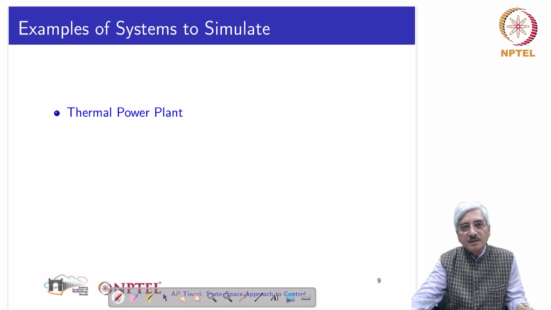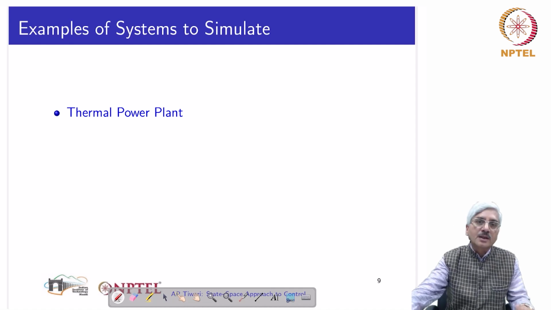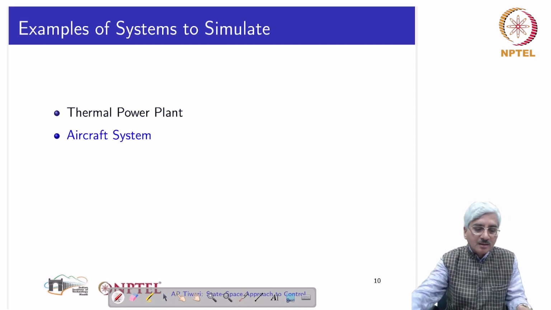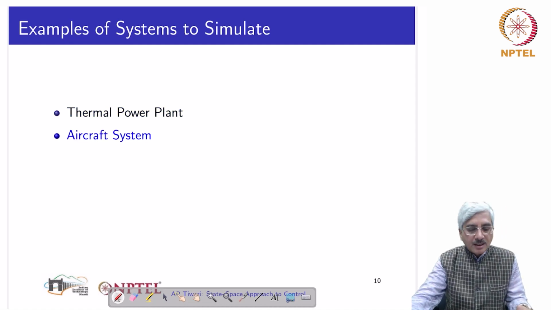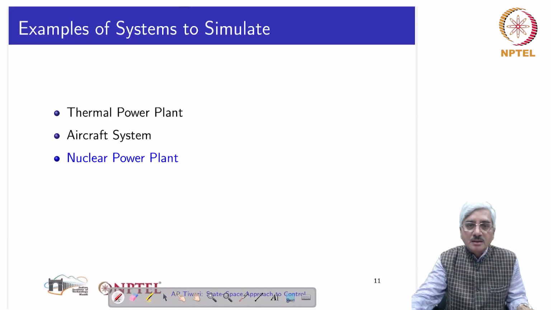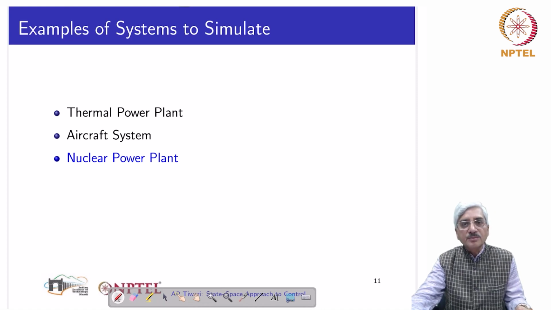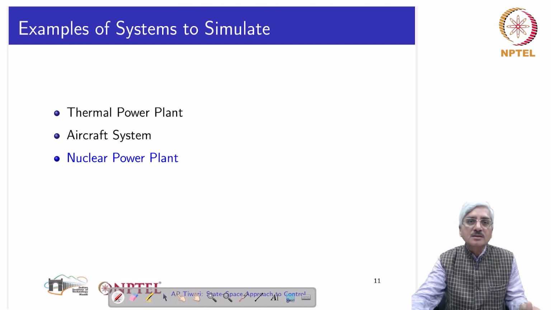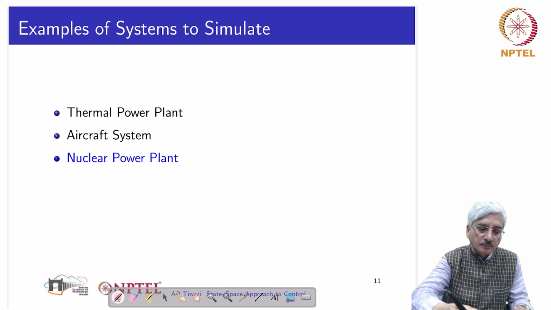However, we make simulators for complex things. For example, a thermal power plant or an aircraft system or a nuclear power plant. So essentially these are systems on which the investment is very high, and simulator helps us in various ways to learn the behavior of this system and to understand such systems.